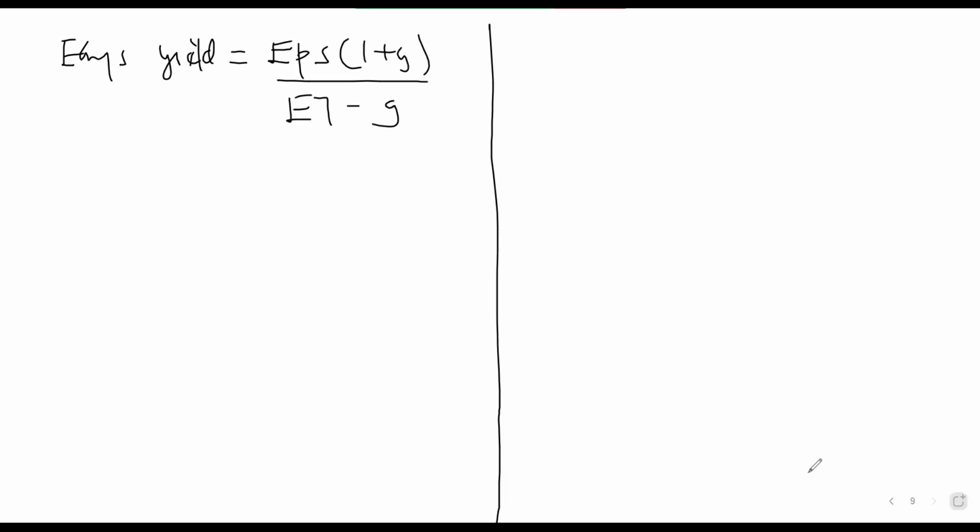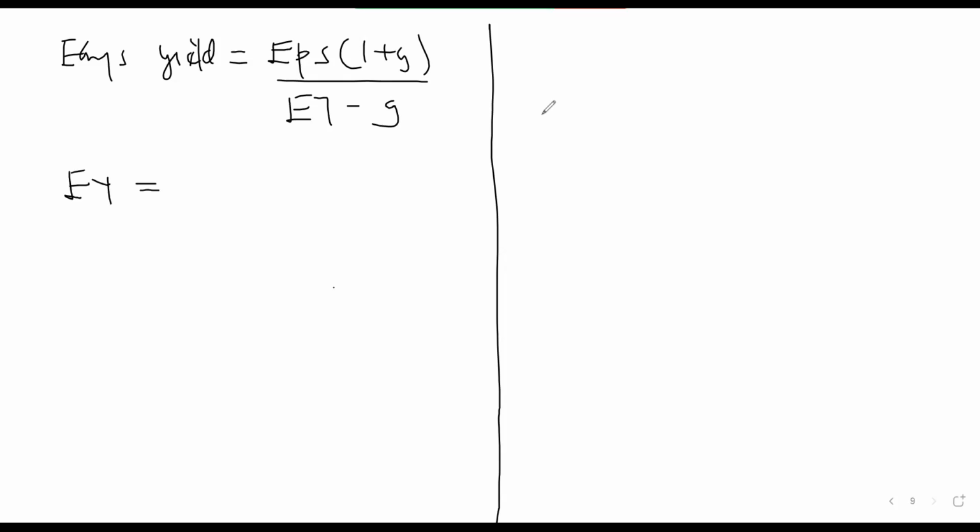So it's just like the dividend growth, but instead of dividend per share, we use the earnings per share. Instead of cost of capital, we use the earnings yield. So we have to calculate the earnings yield.